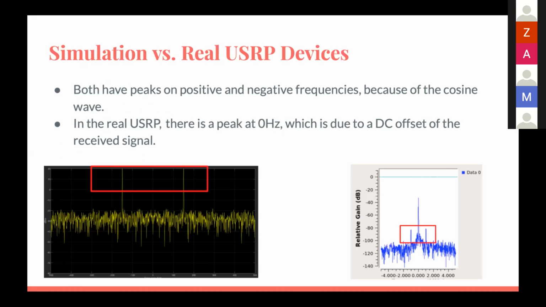The left one is the simulation, and the right one is the real USRP devices using the grid on the orbit lab. We can see that both graphs have the 2 peaks on the positive and negative side. In a real USRP, there's a peak at 0 hertz, which is due to a DC offset of the received signal, displayed on the right. Next slide, please.